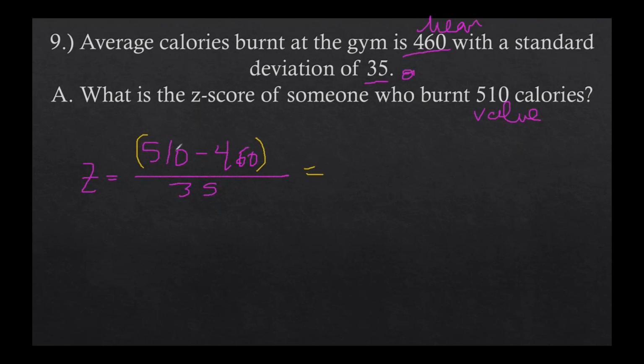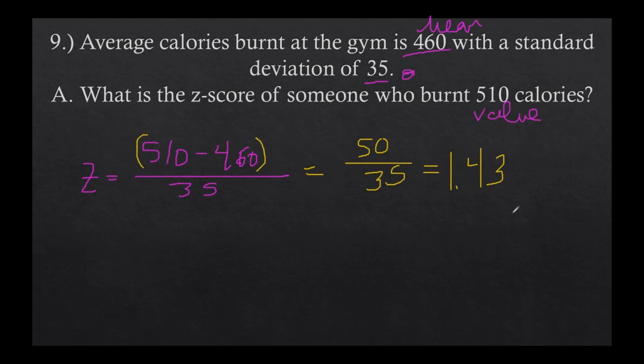You want the order of operations to subtract in your numerator first and then divide by 35. So what will our z-score be for this particular exercising individual? 1.43. Very good.